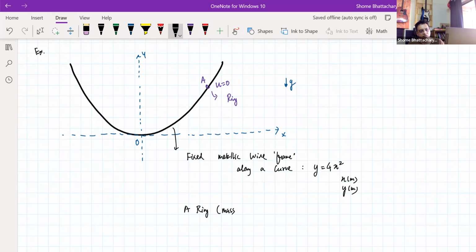The ring, of mass let us say 200 grams, can slip without friction on the metallic wire frame.